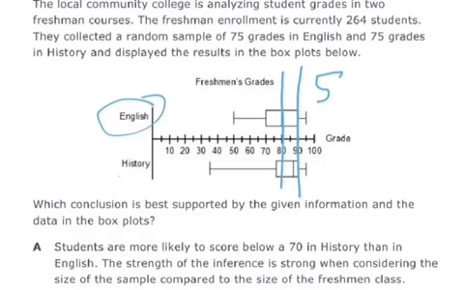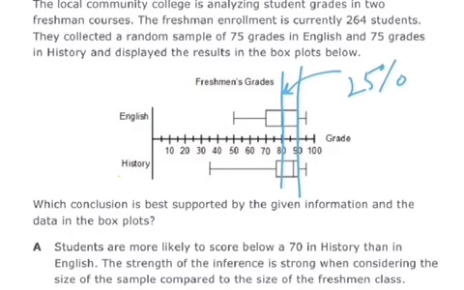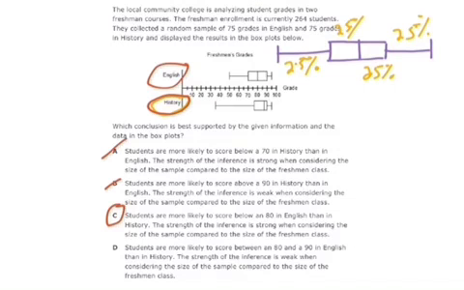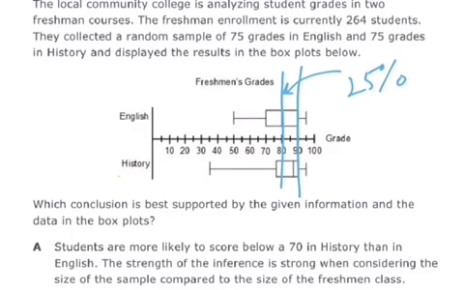English has, well, I should say 25% of the data in this area right over here. But between an 80 and a 90, more likely to score, I don't necessarily think so. If we look at our answer choices, in English and in history, the data is pretty even.